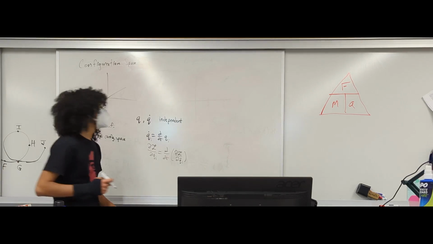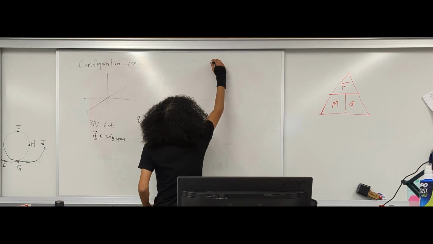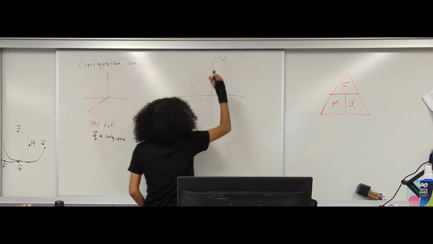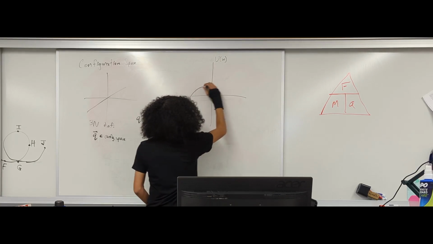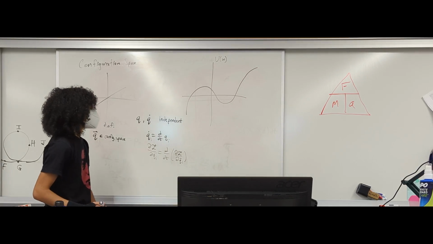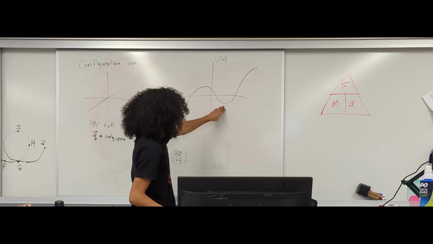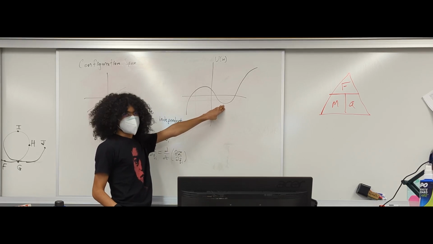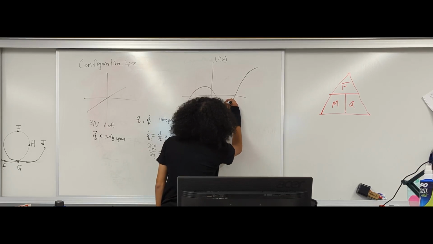So if you have a more general potential energy, some U of x, let's say looks like this, then the idea is that there's a stable equilibrium in this area, around this point.